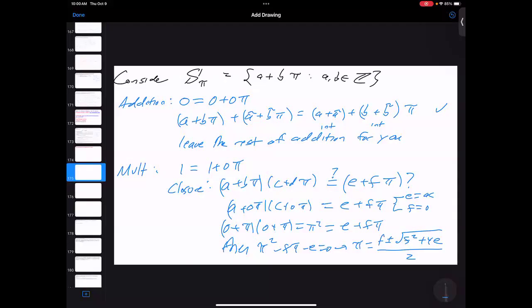So if this were going to be a ring, we need it to be closed under multiplication. And it would say there has to be some choice of F and E such that we can write pi like this. It's a deep question about what kind of number is pi. It's not too hard to show that pi is irrational.